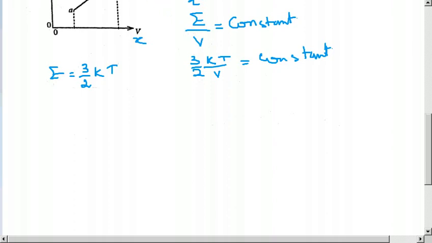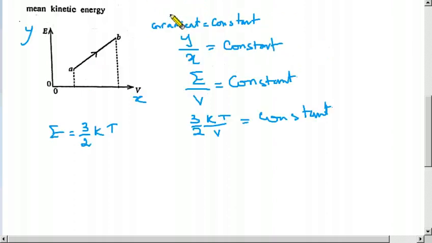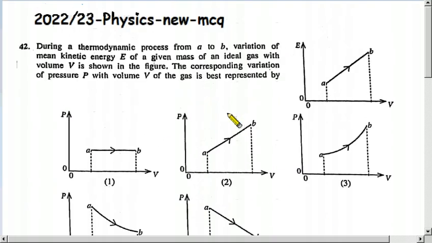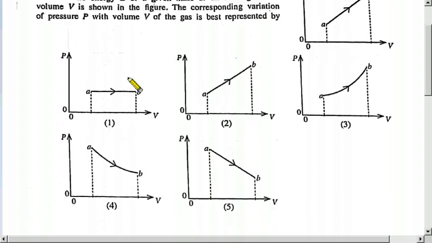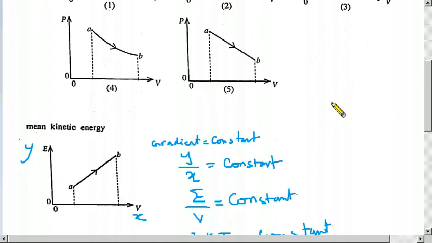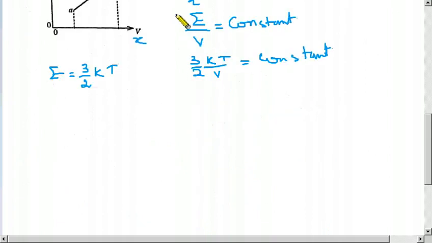Let us see the answers. They have taken pressure and volume everywhere. So we need to insert pressure and volume into this equation. We don't want the temperature, so we have to remove it and insert pressure instead. The volume is already there.